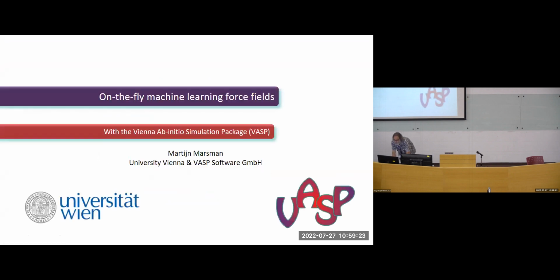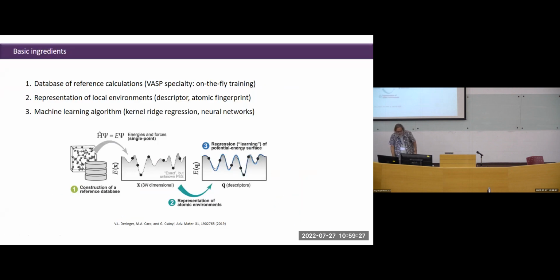Yes, so for machine learning, we have basically three ingredients. We need a database of reference calculations, and that is maybe the only thing that is VASP specific in this whole presentation.